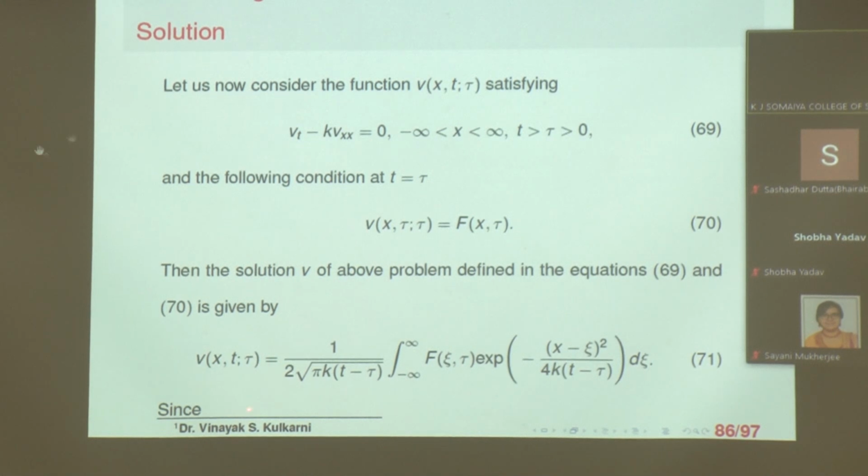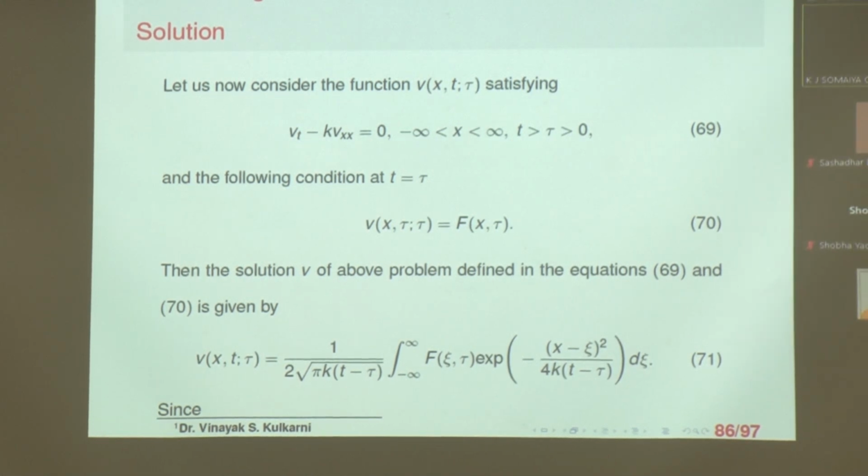Okay, so here it is. This problem, exactly the same problem as the one I just showed, is now under consideration only within the neighborhood of tau, and therefore in that particular solution I have changed the initial temperature.